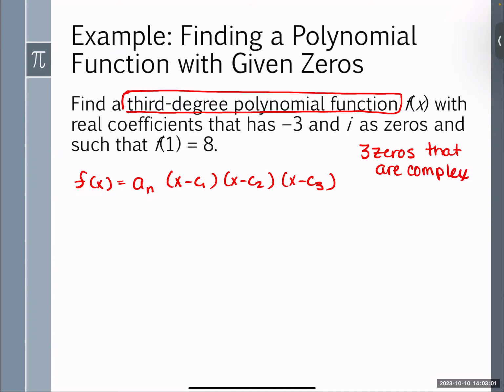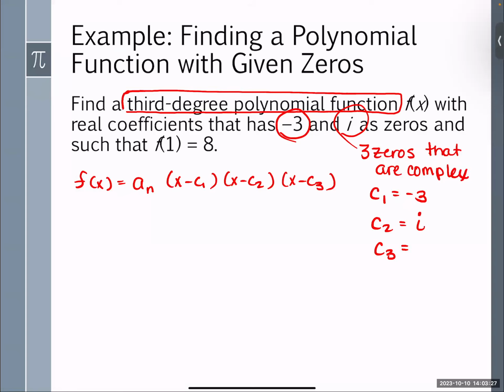Now, the problem tells me what 2 of the zeros are. It tells me one of the zeros is -3. So let's call that C1. And it tells me another zero is i. But what's the third zero? Well, if i is a zero of this polynomial function, then its conjugate must be.